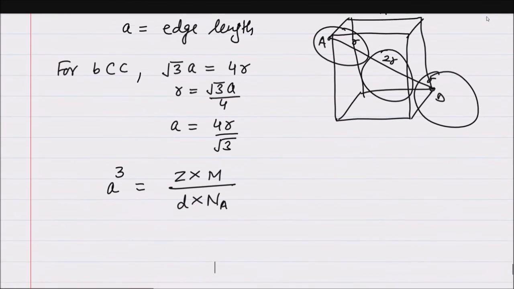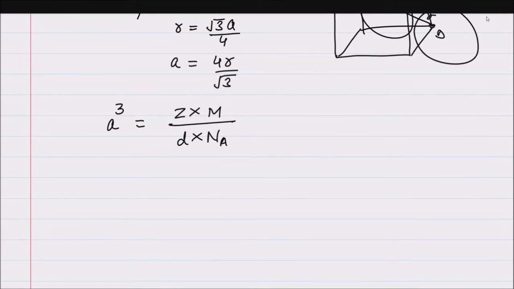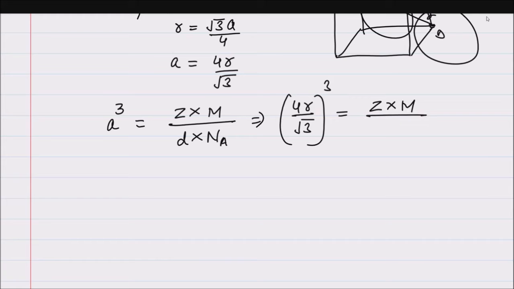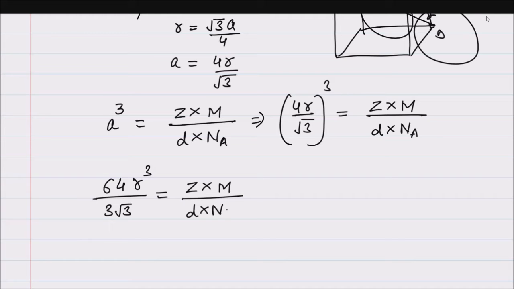Now instead of A, just replace it by R. So (4R by under root 3) cube is equal to Z into capital M by D into Na. So it is 4 fours are 16, 16 fours are 64, 64 into R cube divided by 3 under root 3 equal to Z into capital M by D into Na.